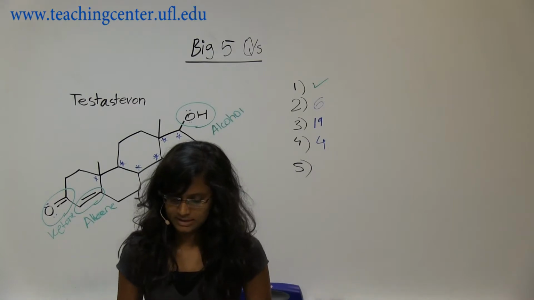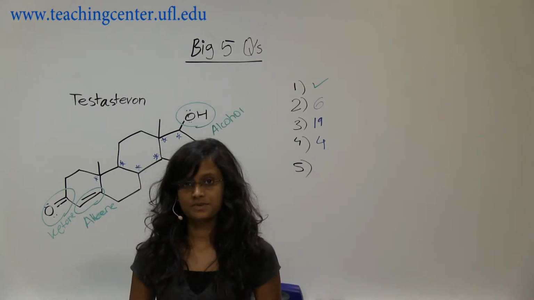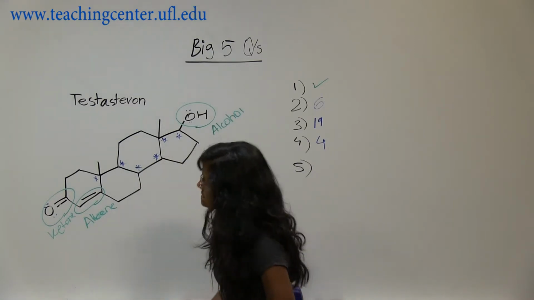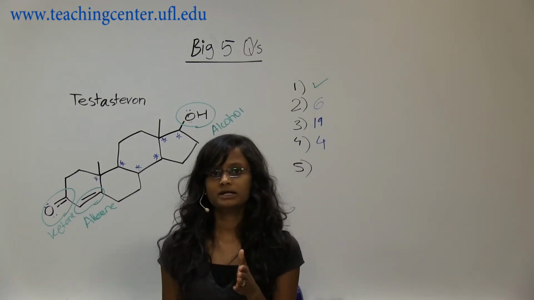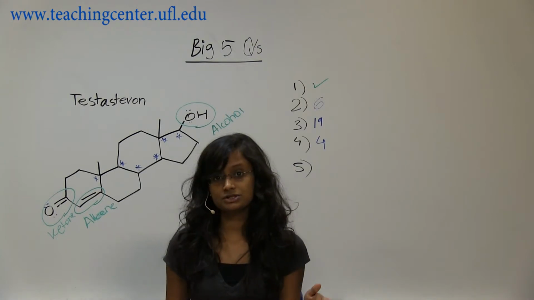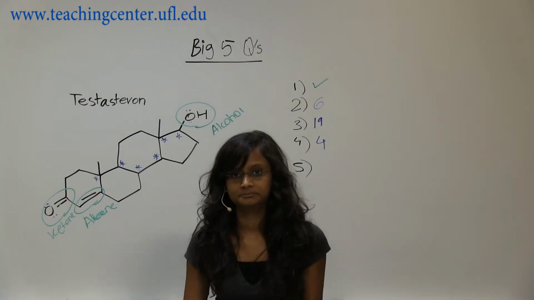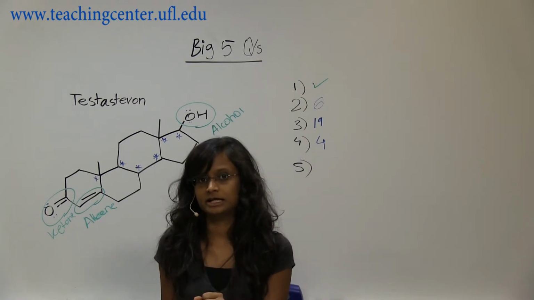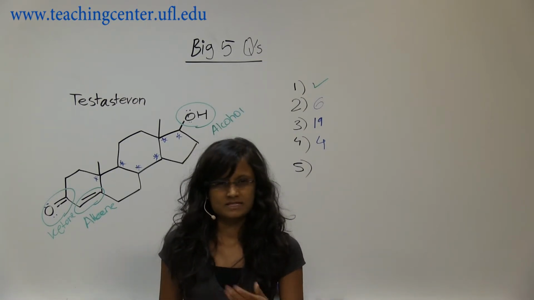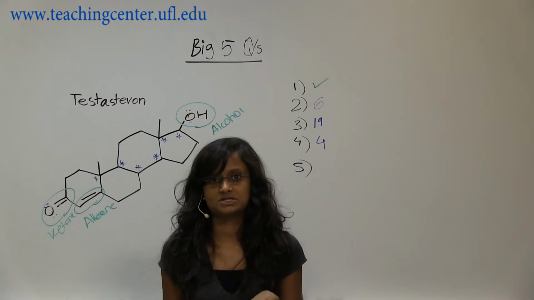Okay, and how many sp2 atoms do we have? This is a trick question. Whenever a lone pair containing atom is next to another sp2 system, you have to count that atom as being sp2 as well. This was different in Gen Chem, so that's why I'm stressing it.